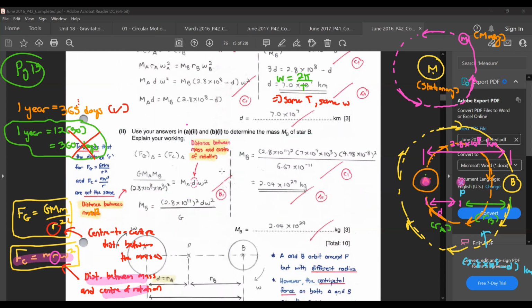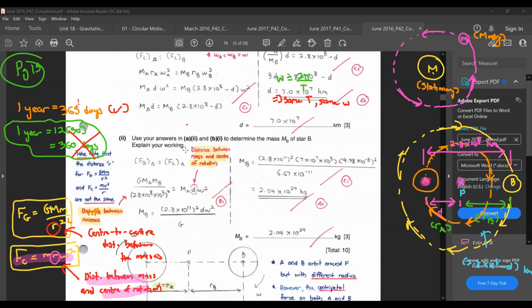Now here I would use F_G equals F_C, because I know that star A moves in a circular orbit, and star B also moves in a circular orbit. So F_G would equal F_C.